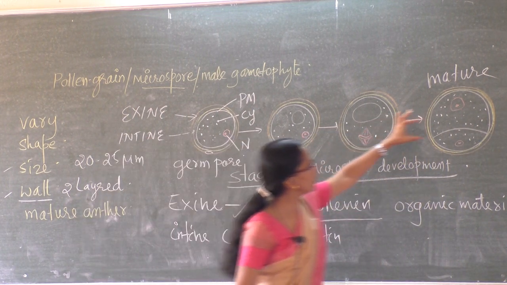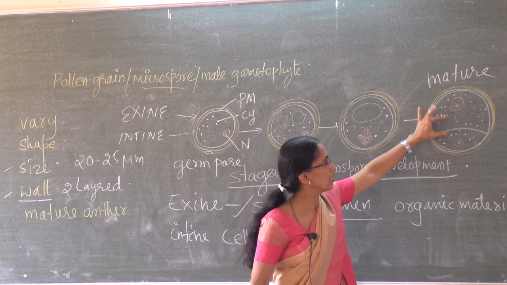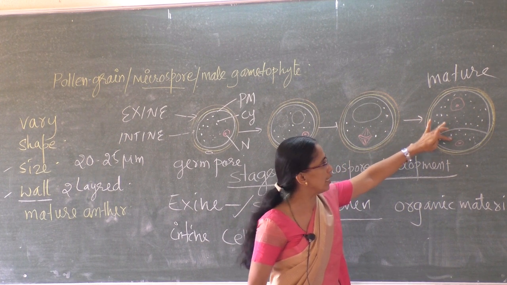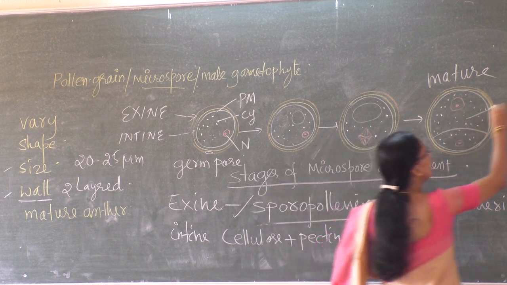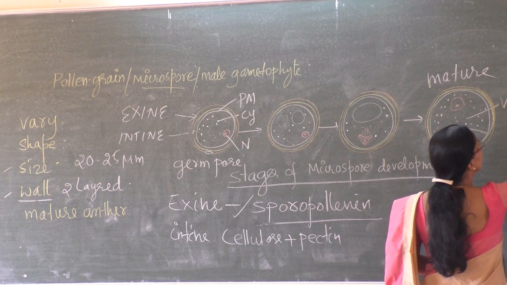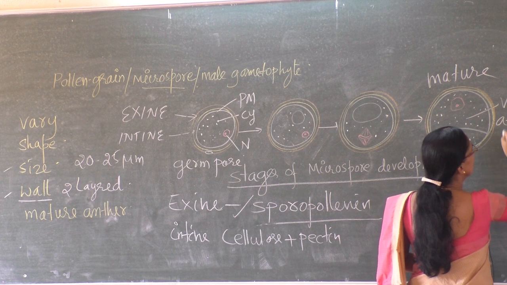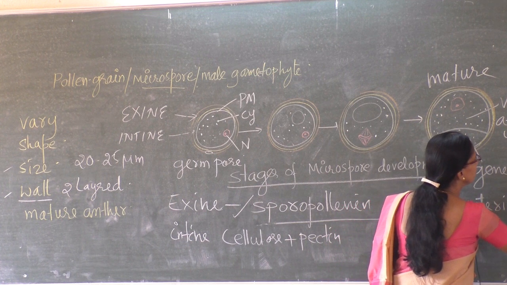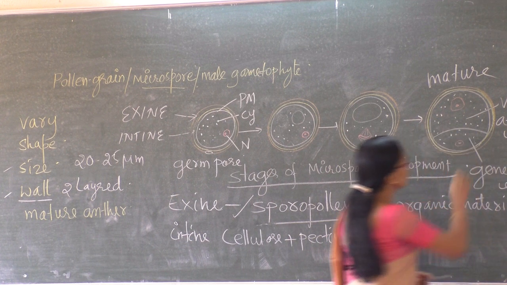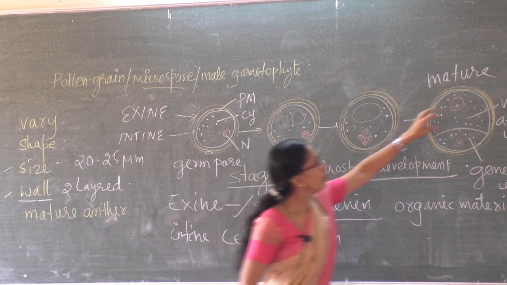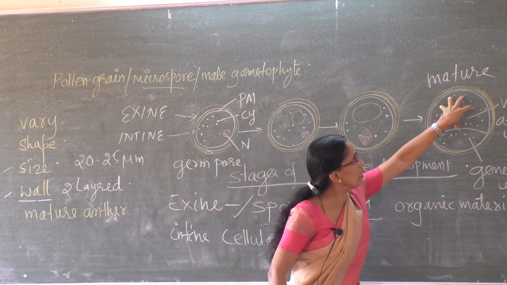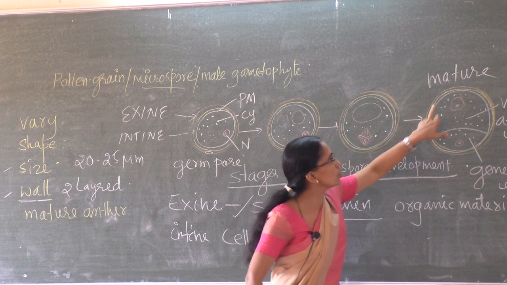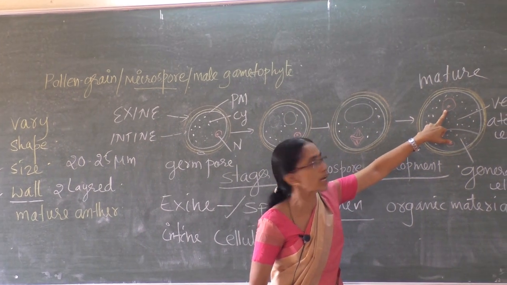A mature pollen grain has two cells, a big cell and a small cell. The bigger cell is known as the vegetative cell, with plenty of reserve food and an irregular shaped nucleus.